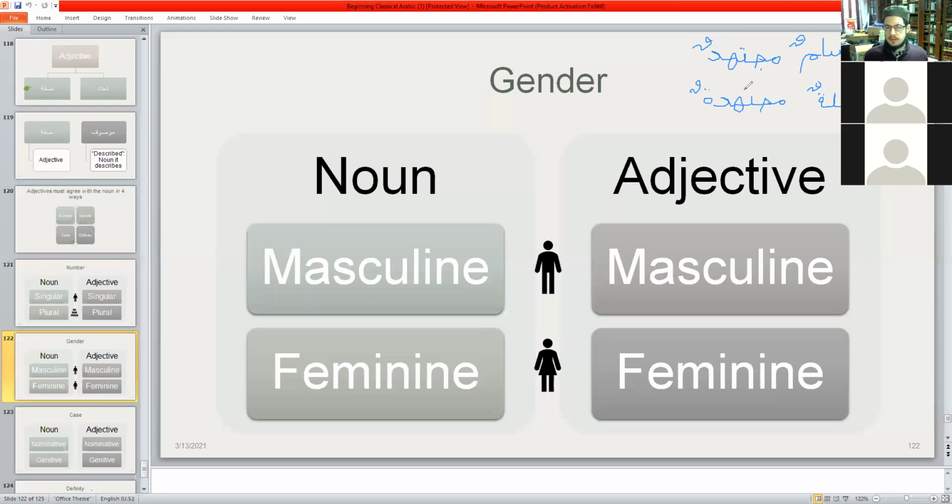So as you see, we have Muslim, masculine, mujtahidun, masculine, muslimatun, feminine, mujtahidatun, feminine.